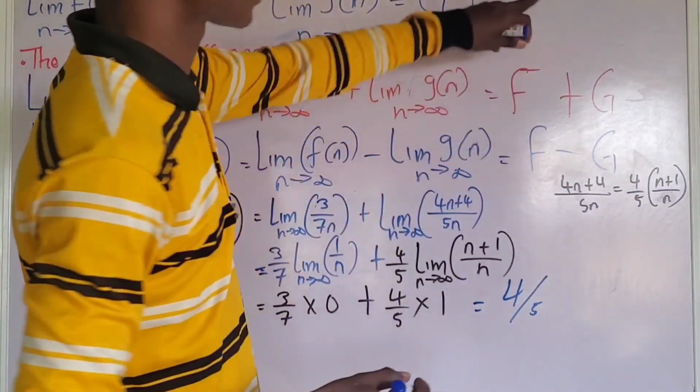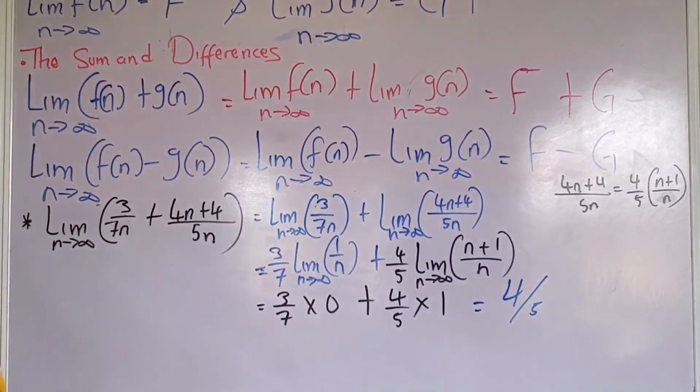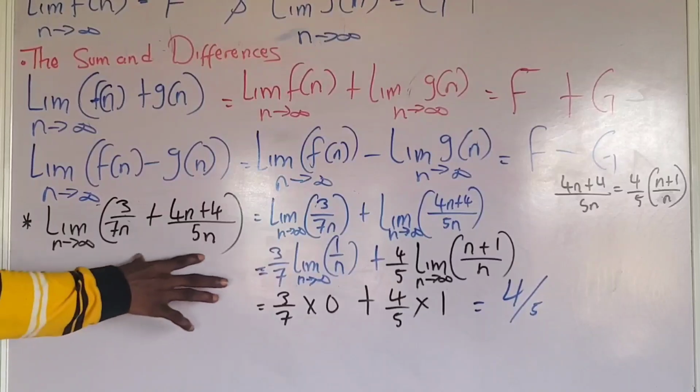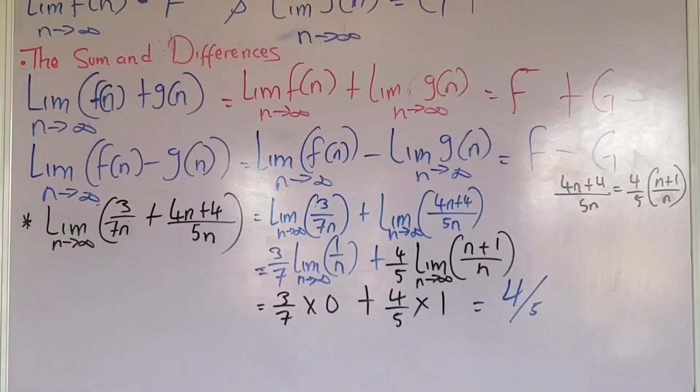Okay, I want you to try this question. Make sure you try it and drop your answer in the comment section. Just approach it. Do it using the method that I use here. You're going to arrive at the right answer.